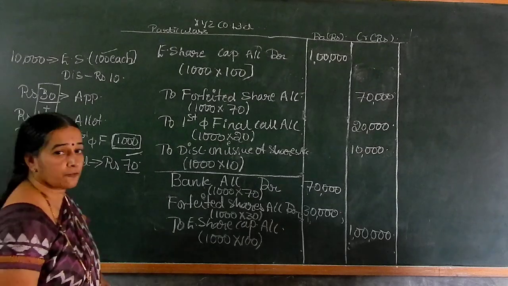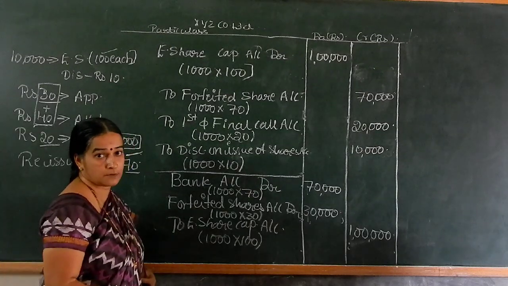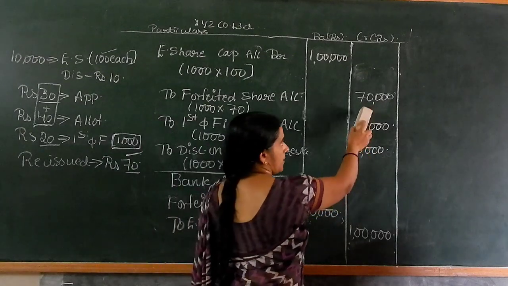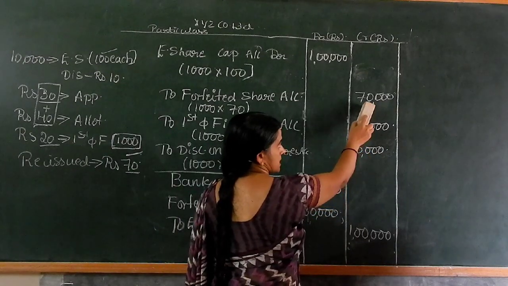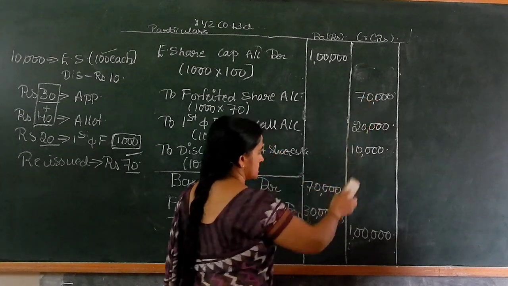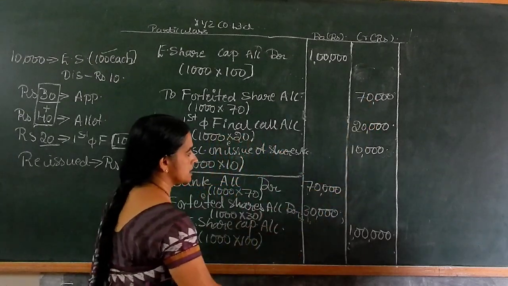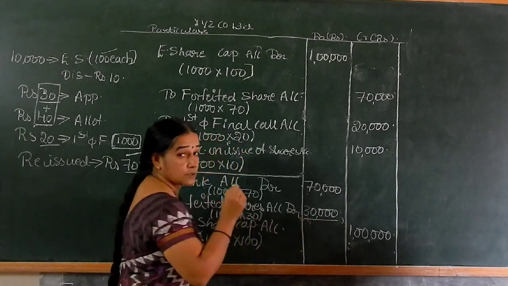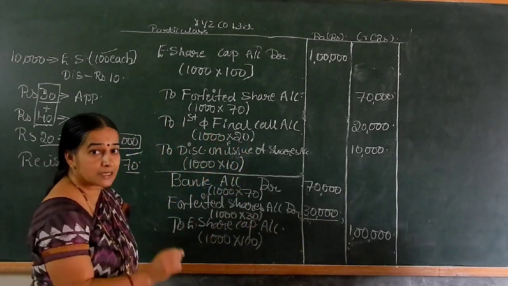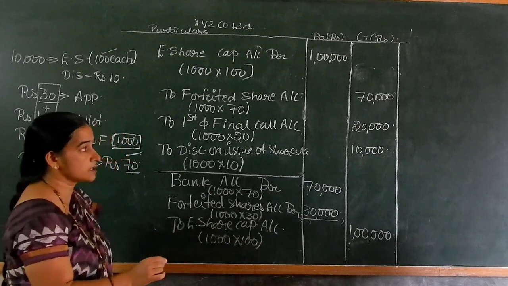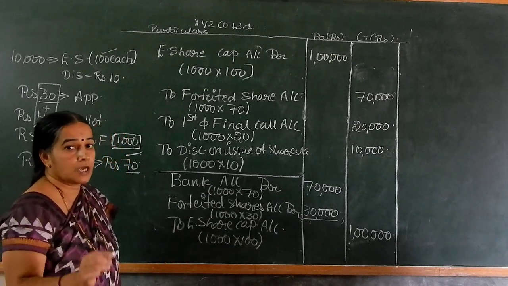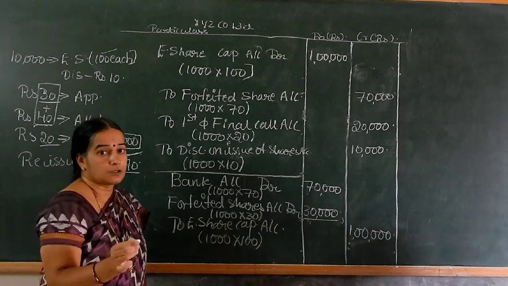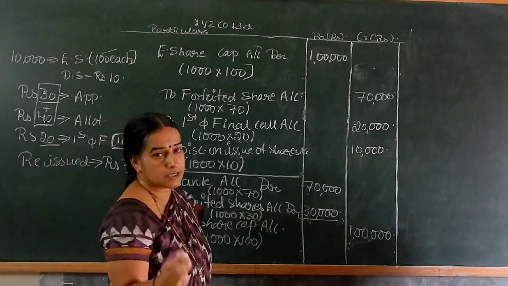Now, what is the profit made on forfeiting the shares? From the first shareholder, the amount received is 70,000. From this 70,000, they will deduct the discount. The discount amount is 30,000. So 70,000 minus 30,000, you get 40,000 profit, and that 40,000 profit will be transferred to capital reserve account.